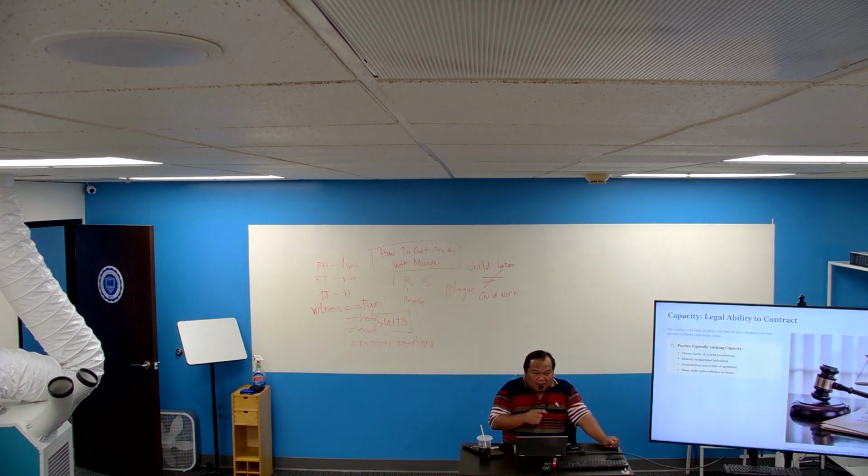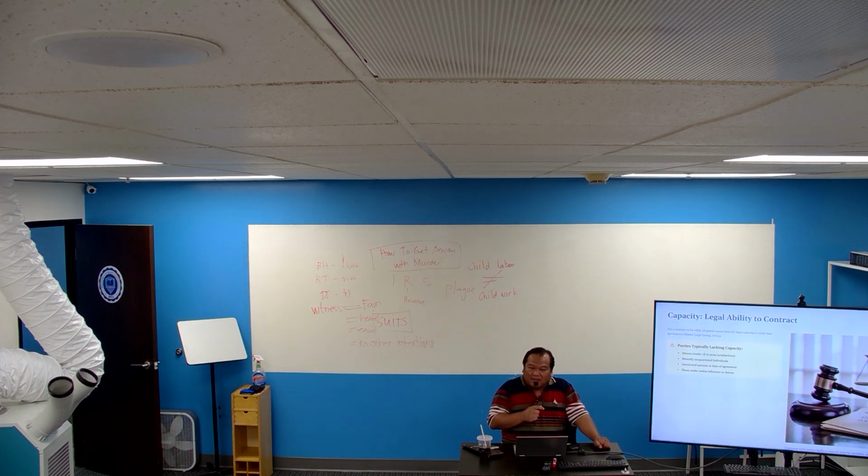Okay? And not because they cannot understand better than we do, but because they are considered to be not yet mature enough to understand what is in the contract and what is covered in the contract. Number two, you cannot let someone who has a mental issue sign a contract.